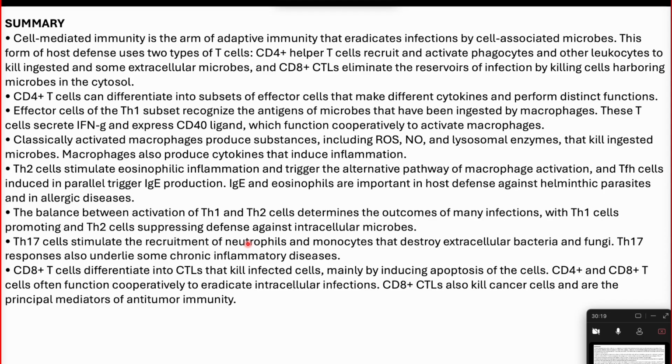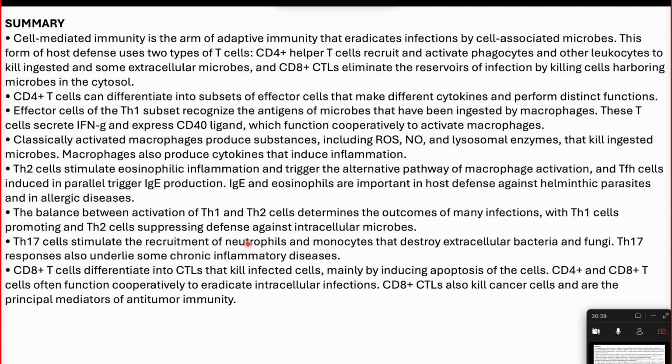The CD8 positive CTLs eliminate the reservoirs of infection by killing cells harboring microbes in the cytosol. CD4 positive T cells can differentiate into subsets of effector cells that make different cytokines and perform distinct functions.